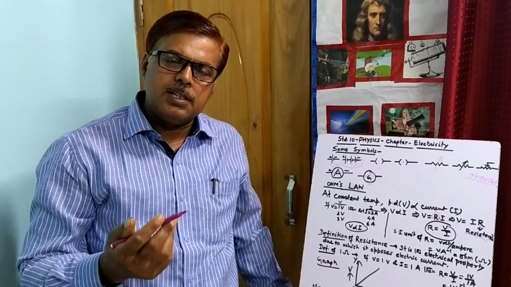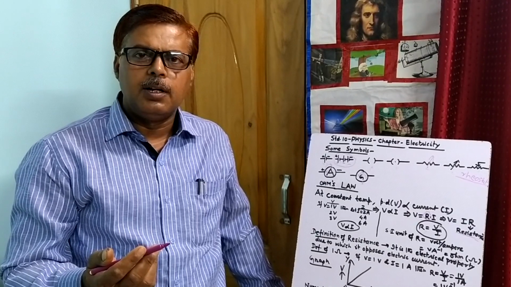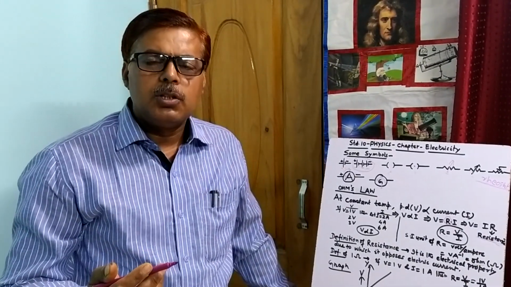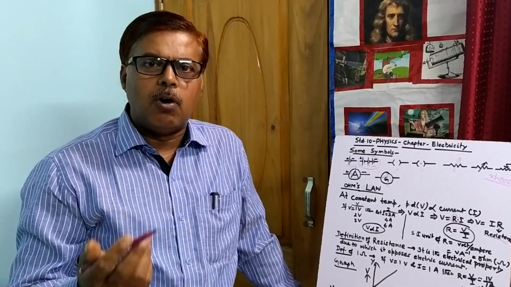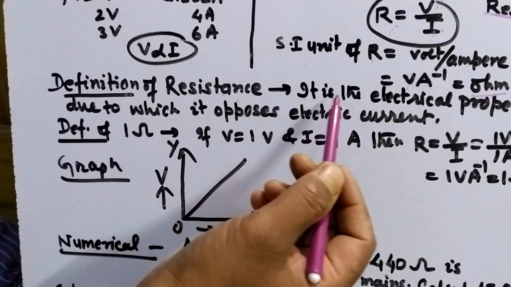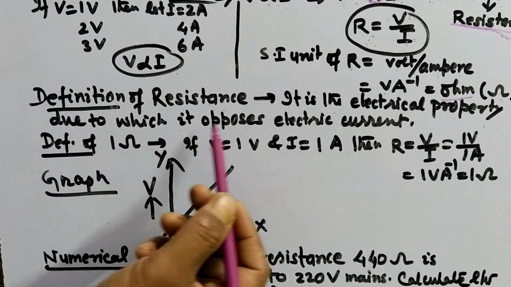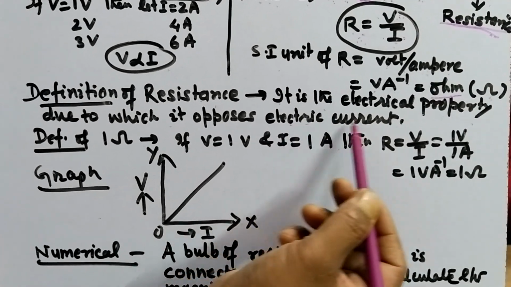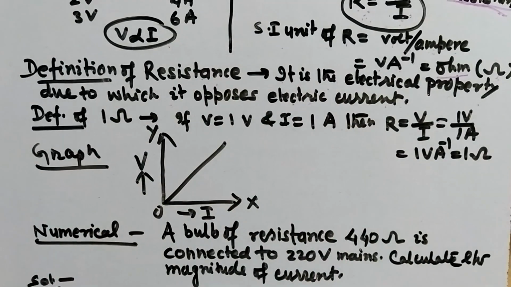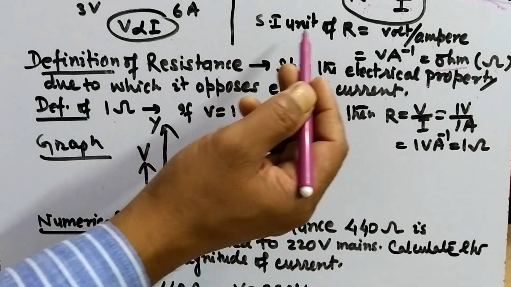So resistance is such a property of an electrical material or device, whatever it be, that opposes the flow of electric current. Let's see the definition of resistance. Resistance is the electrical property due to which it opposes the flow of electric current in a circuit.